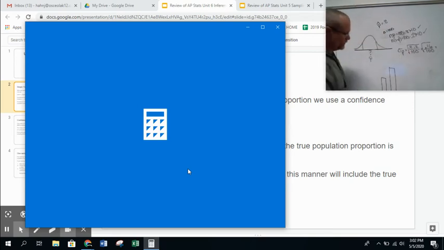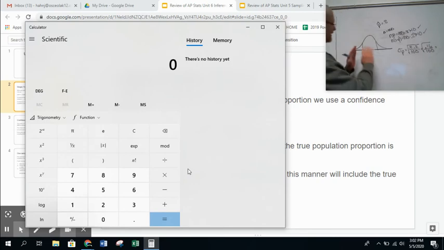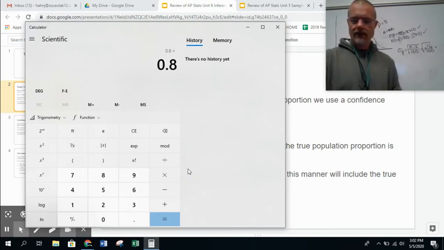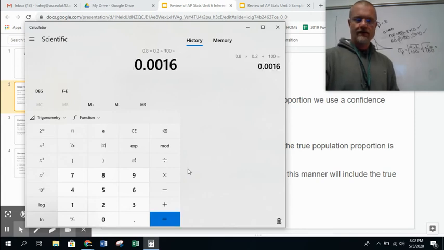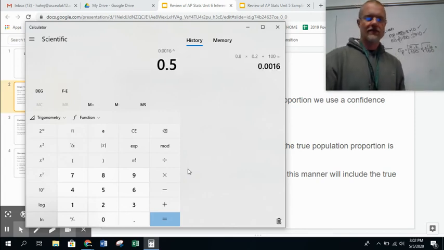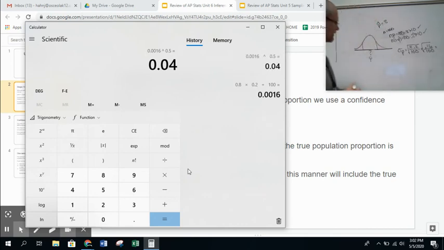What we're trying to do is figure out our best guess at the shape and spread of this, not knowing the center. We're trying to nail in the center. So 0.8 times 0.2 divided by 100, and then raised to the 0.5, or taking the square root. It's 0.04. That's what I thought.